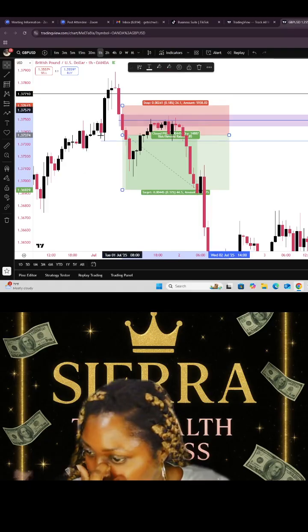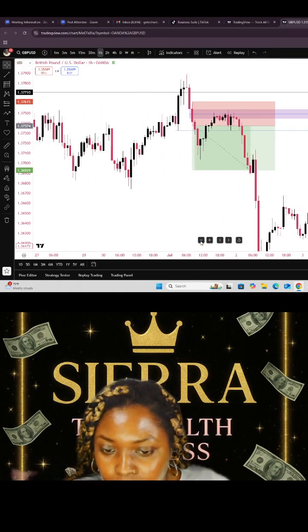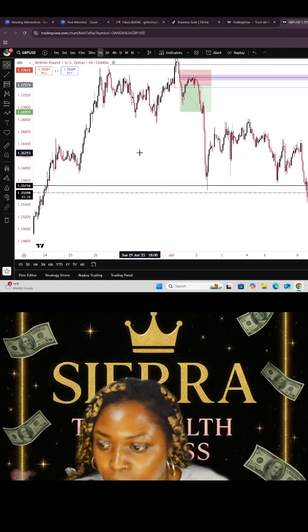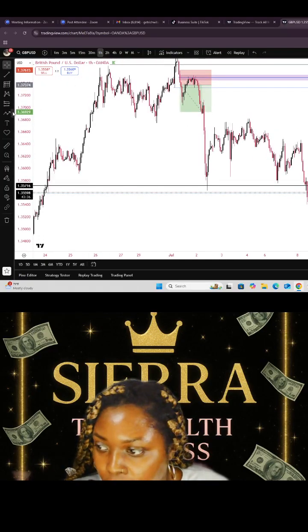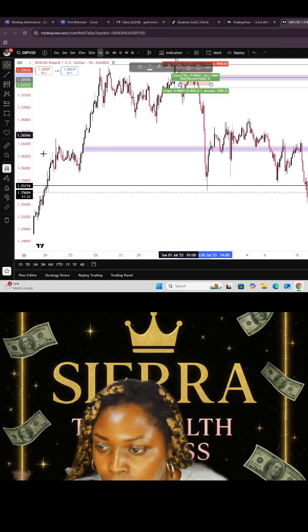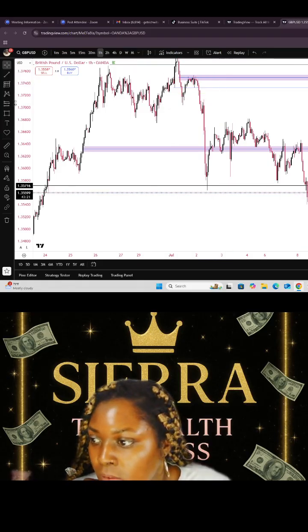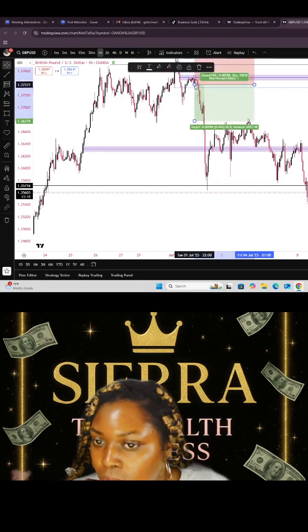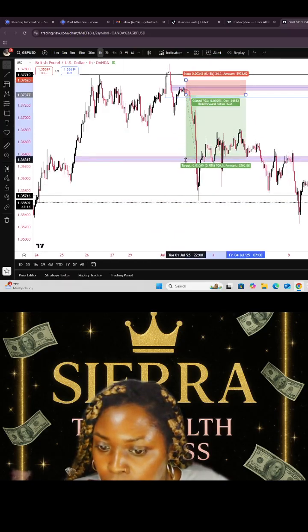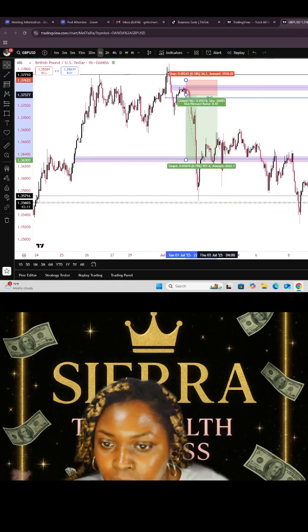So stop loss above the candle that created a gap. And again, TP at 50% or a fair value gap near 50%. And as you can see, we had a fair value gap here. You could have took TP here for 107 pips.